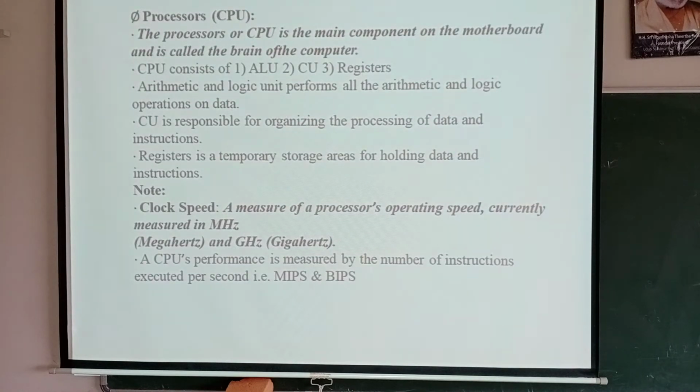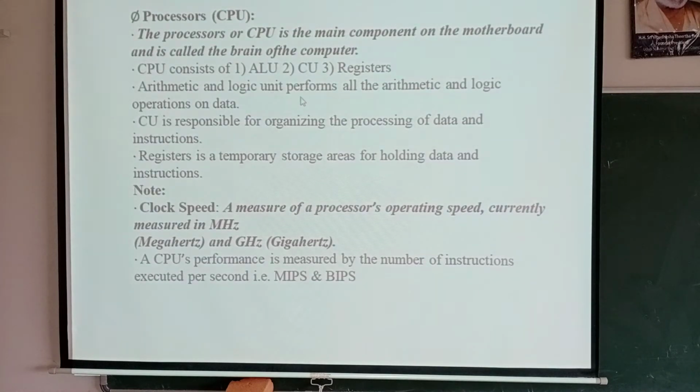It consists of three different parts. The first one is the ALU, the second one is the CU and the third is the registers. ALU is the arithmetic and logic unit. What does it do?